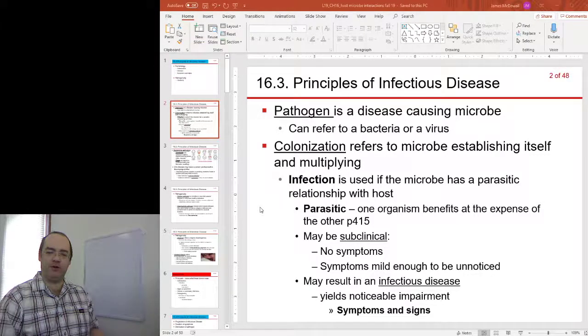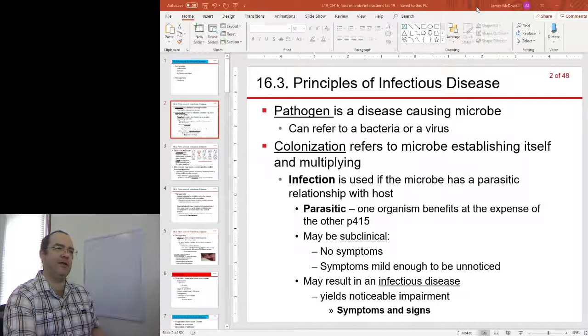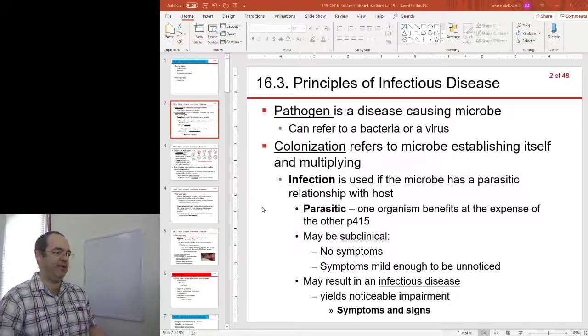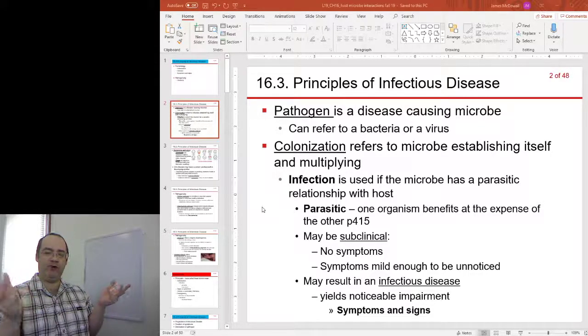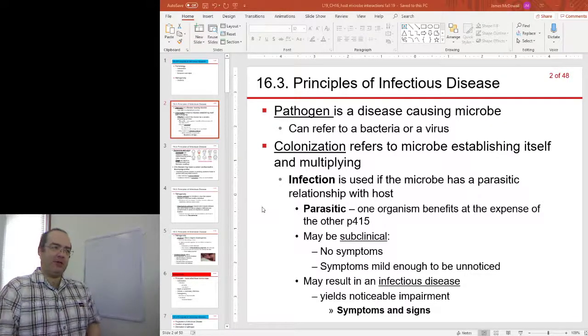Could even refer to a prion or a virion. Anything that can cause a disease. You could even extend the term to helminths or protozoans. But so a pathogen, a disease-causing microbe.